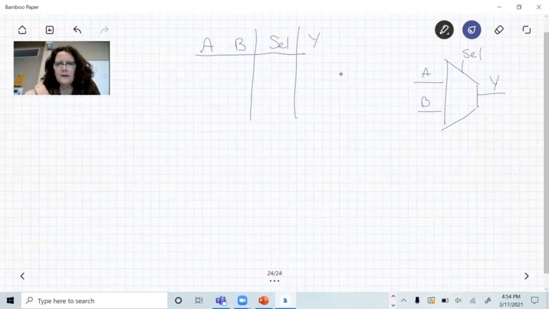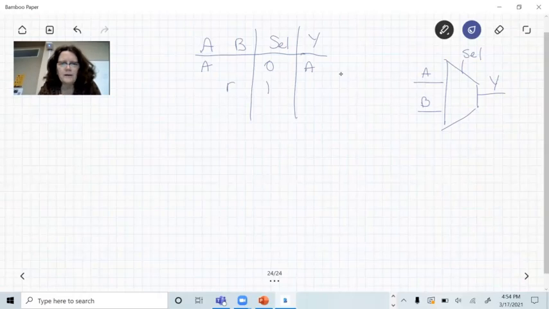What I want to do here is, if select is 0, my output Y will be whatever's on A. Well, this is easy.